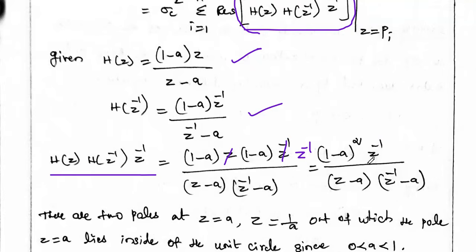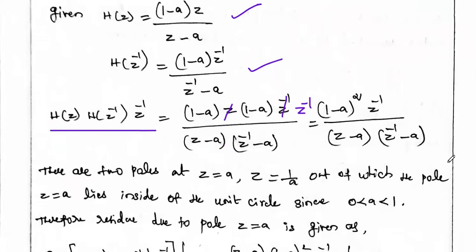For this total transfer function, we have to find the poles. You see there are two terms in the denominator. For the first term, what is the pole? For this first term, the pole is z equal to a. Similarly, in the second term, you just take z inverse outside, and you can write it as 1 minus a z.